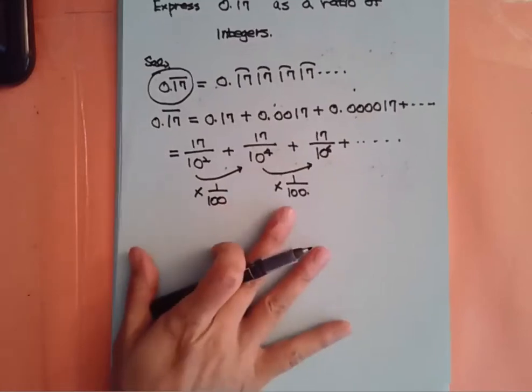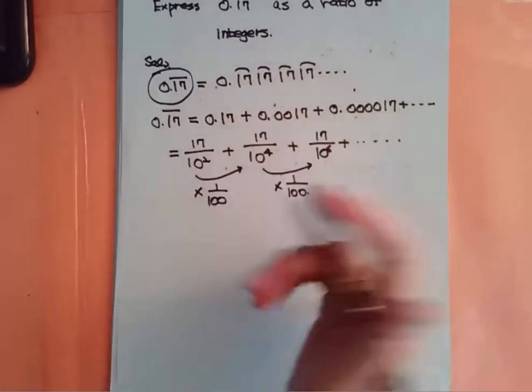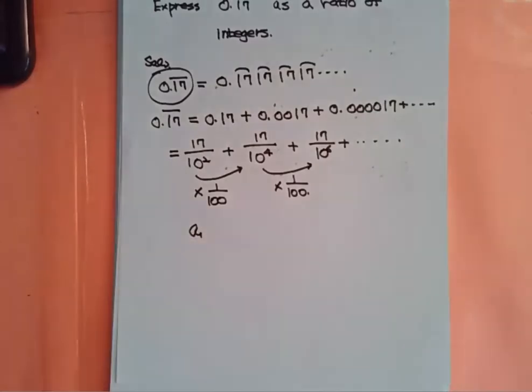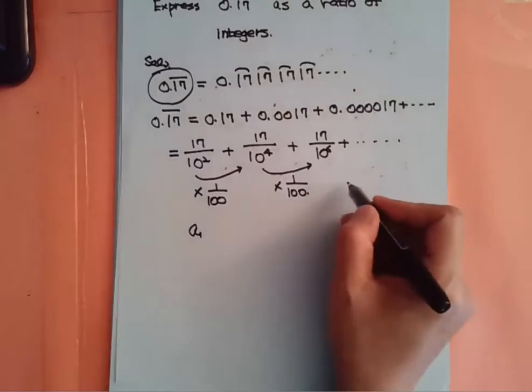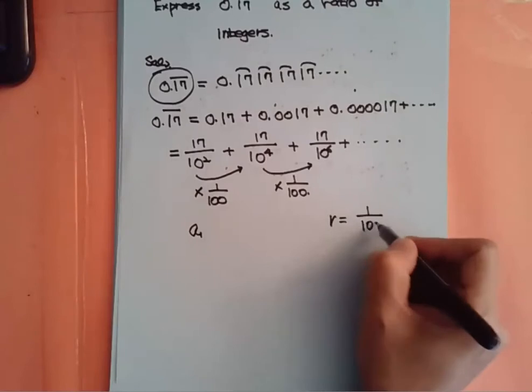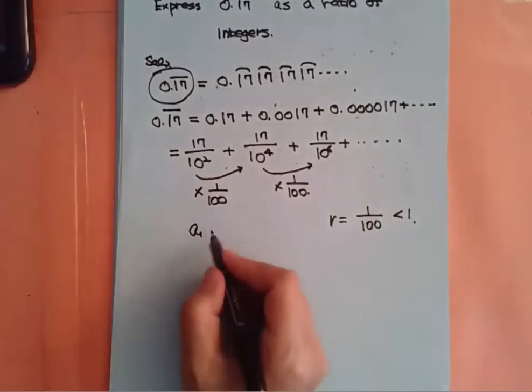To obtain the number it converges to, we use the sum formula for the geometric series, because from here we realize that r equals 1 over 100, which is less than 1. So we can apply the formula.